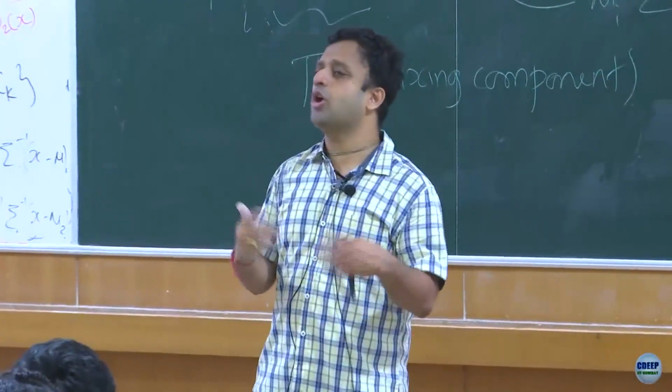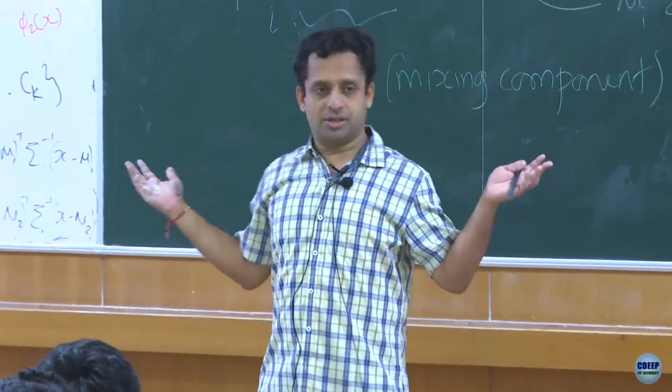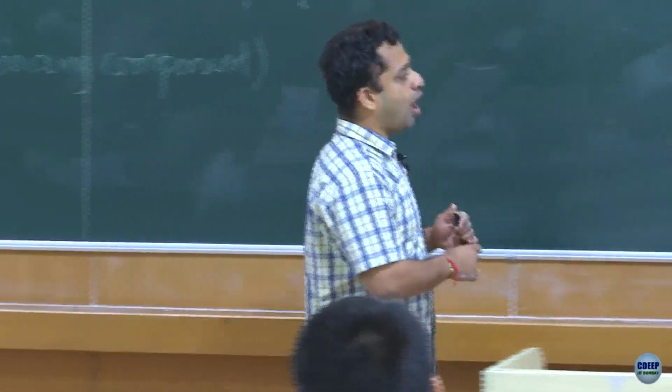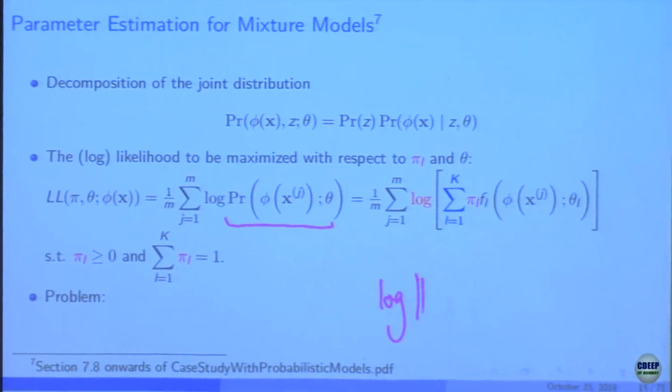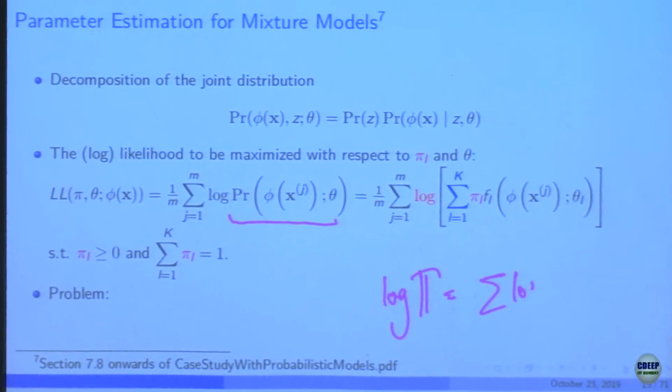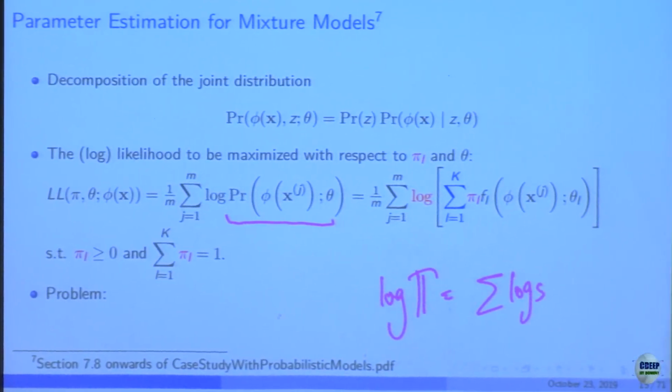So far we have been doing the log of a product, right. The log of a product is okay, the log of a product is the summation of logs. But the problem is the log of a summation, what do you do? Because of this mixing component we have the issue.